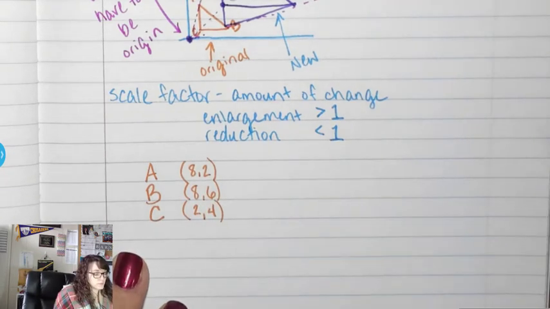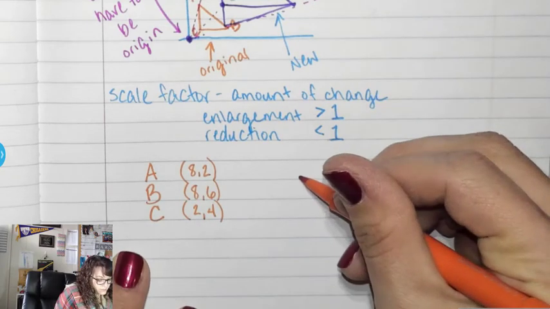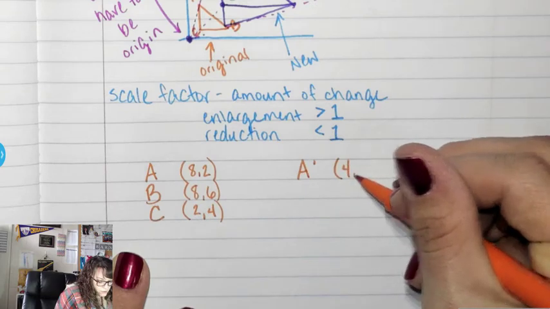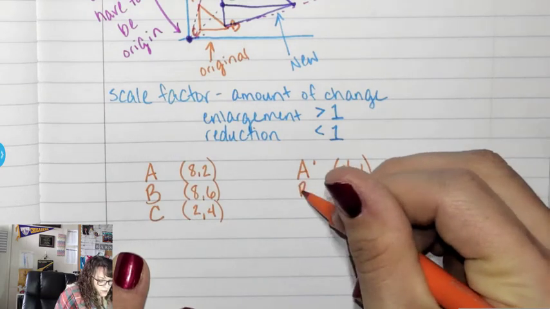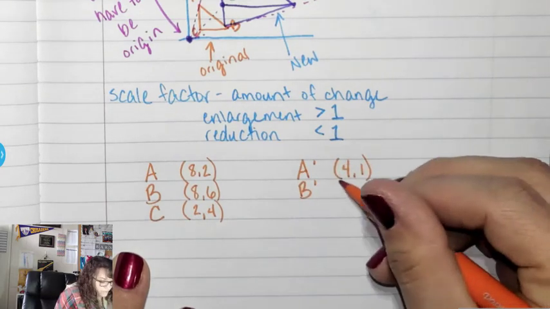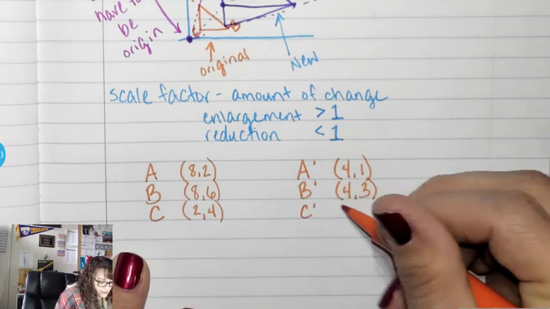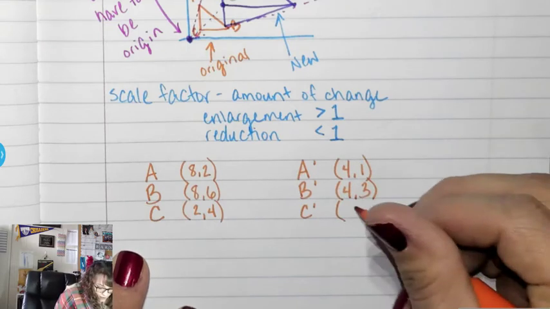That's the original. And then I changed them. A prime is at 4, 1. B prime is at 4, 3. And C prime is at 1, 2.